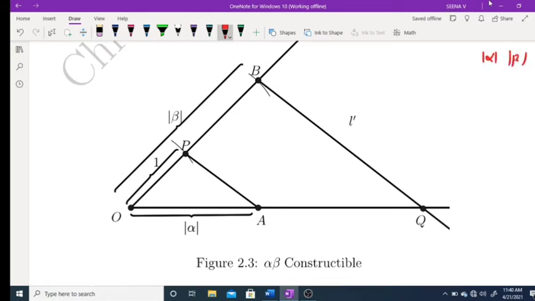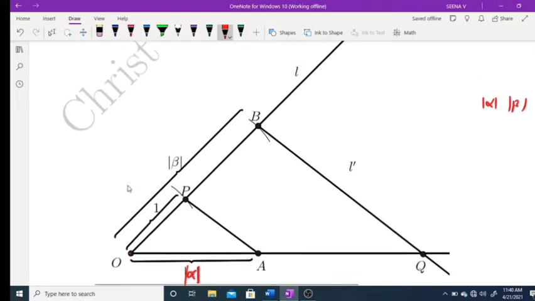We draw a line segment OA and mark its length as mod alpha. Now draw another line through O other than OA, one which is not passing through A. Call this line L.